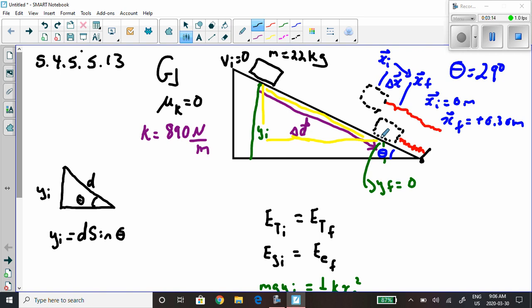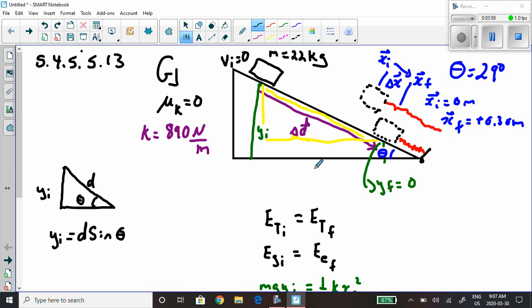Now, this triangle has as its hypotenuse the distance that the crate slides down. So that's also convenient. The distance that the crate slides down becomes the hypotenuse of this triangle, and I've drawn that here on this other diagram. So this is my y equals 0. I'm still going to call this y initial, except now it's this side of the yellow triangle. And here's the distance that it travels, the complete hypotenuse. Y initial goes from our new 0 up to the top, and we still have the same angle theta in here.